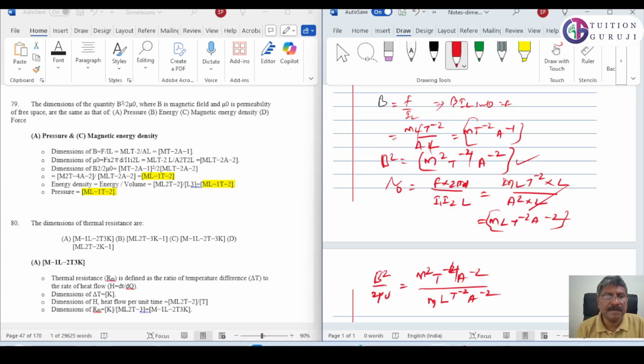So one M cancels here, and A square gets cancelled. We will get M L raised to minus 1 T raised to minus 2. Okay, that is what we are getting.